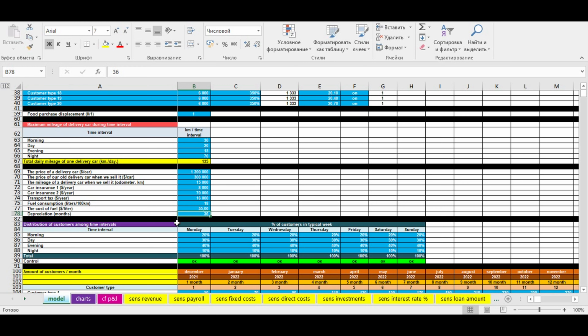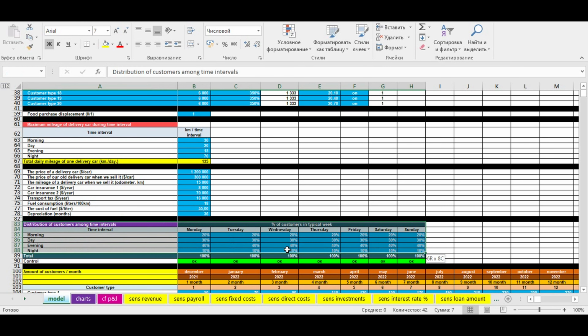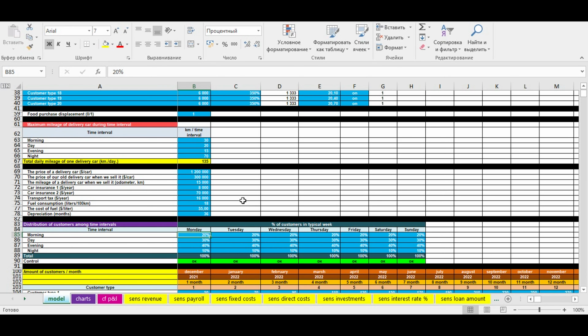Then you go back to your limitation system. You take a typical week and distribute customers among 4 time intervals. For example, on Monday, 20% of customers will make an order in the morning, 30% during the day, 40% in the evening, and finally 10% during the night interval.